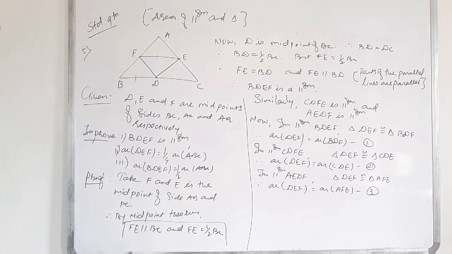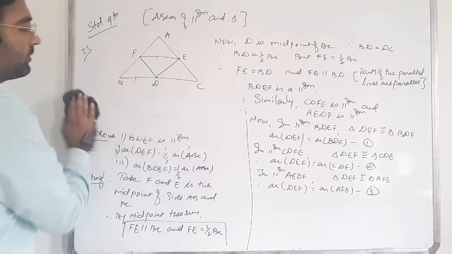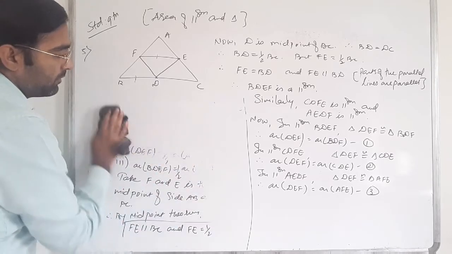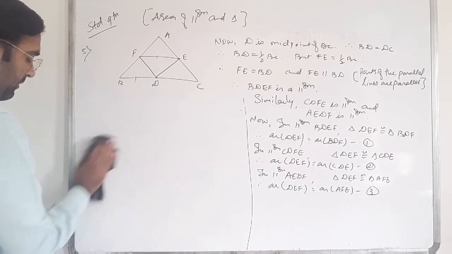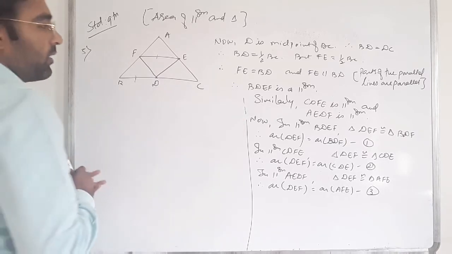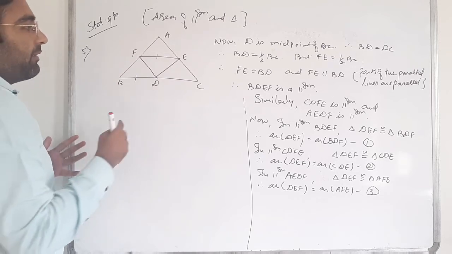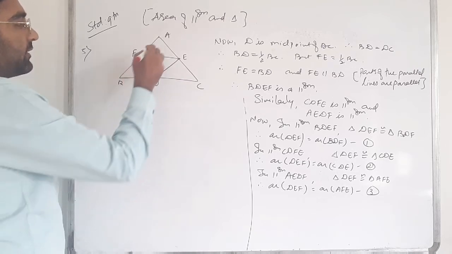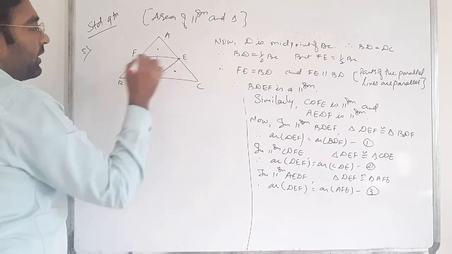Clear? Now I'll rub this part. Here the whole triangle ABC is divided into four parts: the first triangle, second triangle, third triangle and fourth triangle.